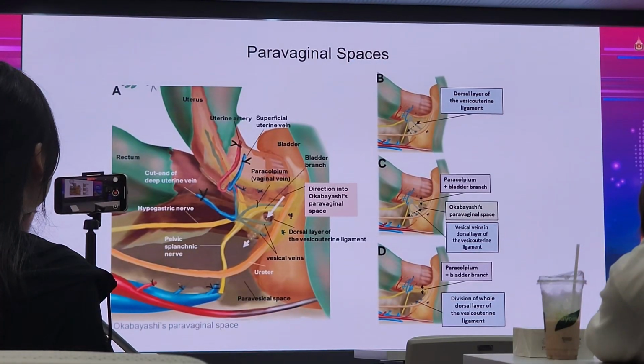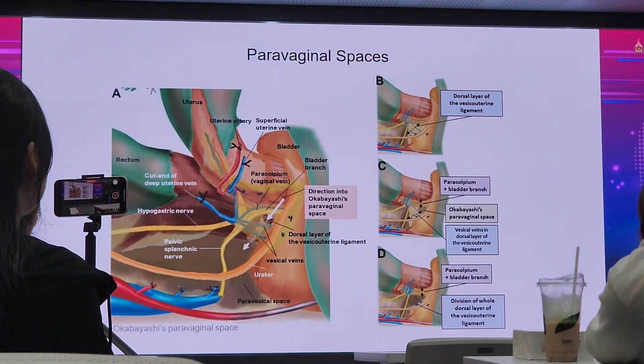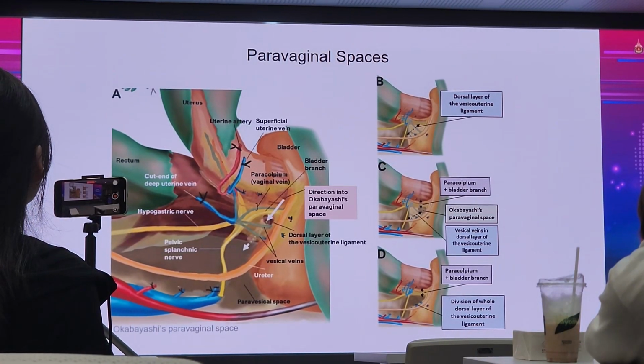To preserve the hypogastric nerve, you can see that its course goes down from here and then gives two branches, one to the cervix and one to the bladder. You want to cut this without interfering with the branch that goes to the bladder. There are two ways to identify it by Okabayashi. There are two Okabayashi spaces, the pararectal and the Okabayashi paravaginal space, below the cervix area.